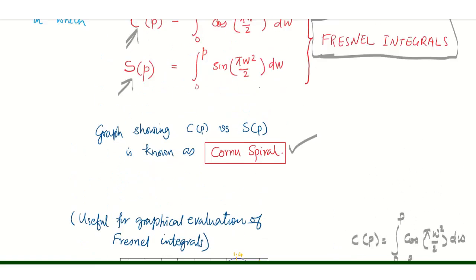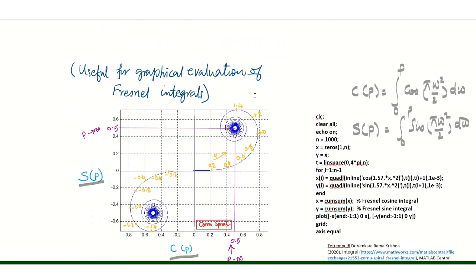These are the two Fresnel integrals, and we plotted them with Cp on the x-axis and Sp on the y-axis. You get a spiral like this one, and we call it Cornu spiral.